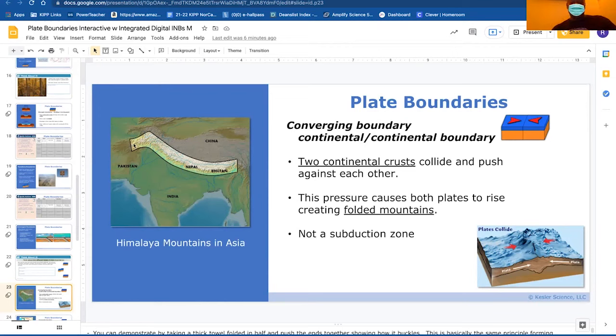And what we have here are the Himalayan mountains, the tallest mountain range on Earth, at least on land. Two continental crusts collide and push against each other. This pressure causes both plates to rise, creating folded mountains. There's no subduction zone here.